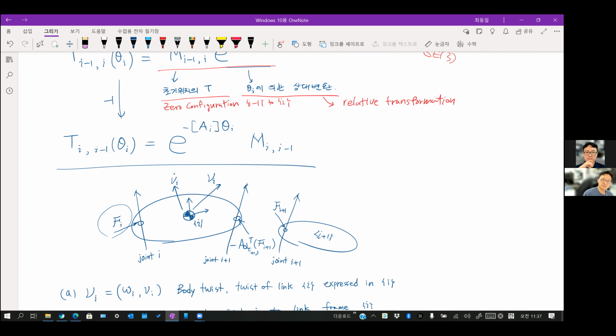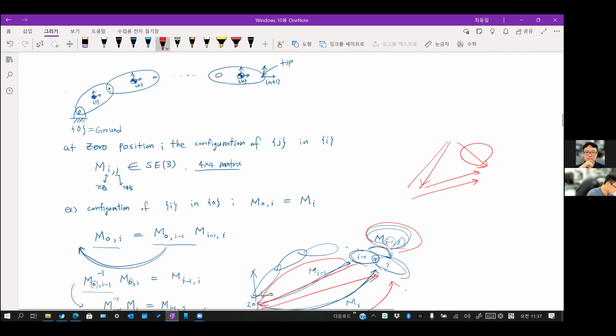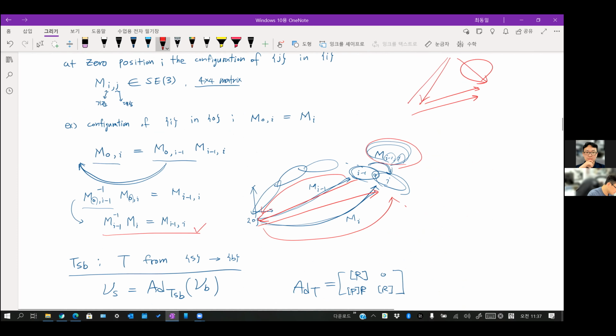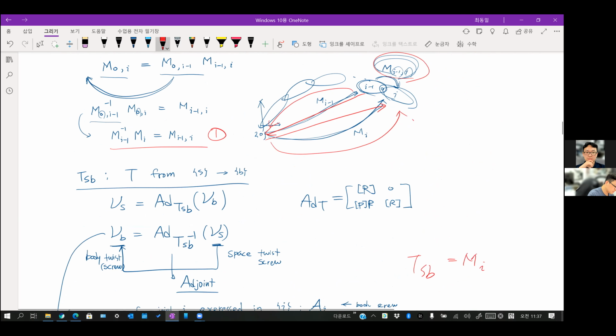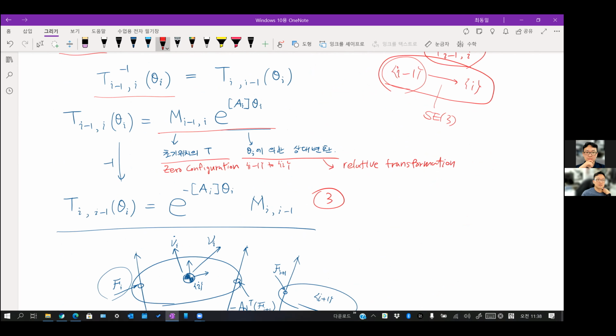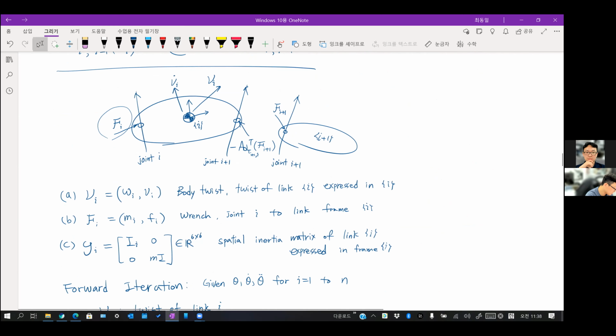Actually, these three equations are the basic material to construct the open chain dynamic equation. So we will use this kind of relationship to make the Newton-Euler dynamic equation.